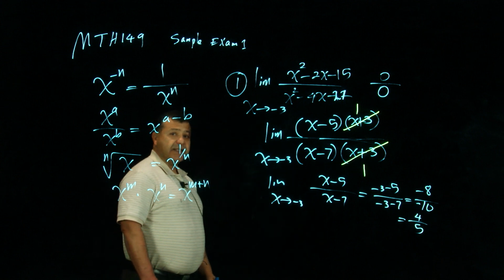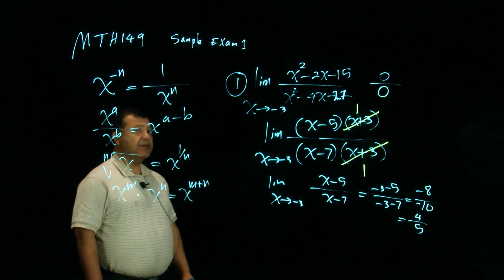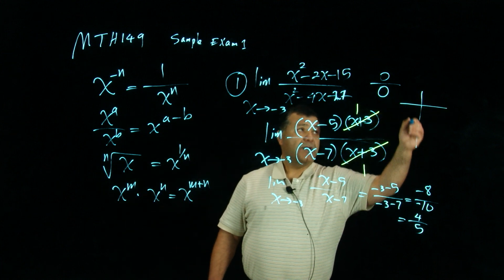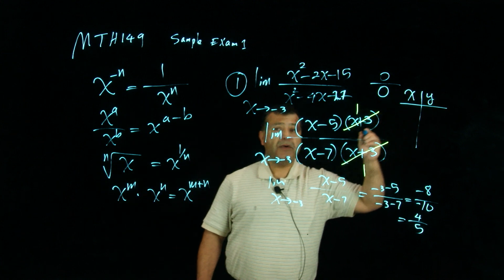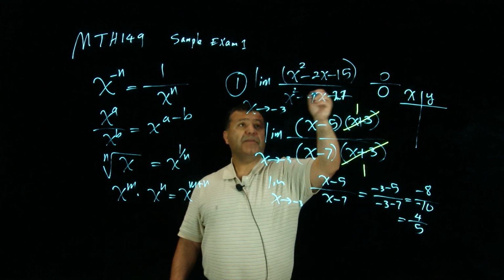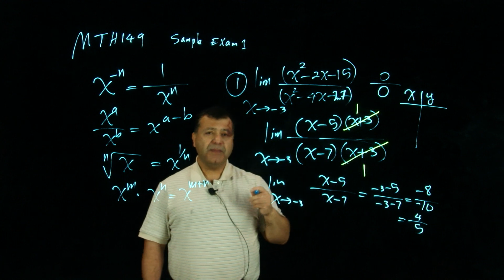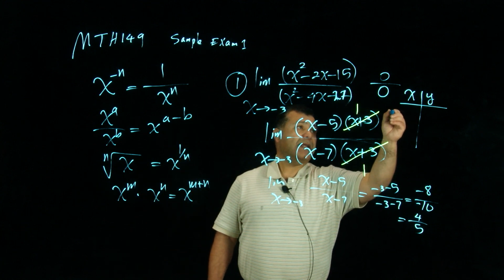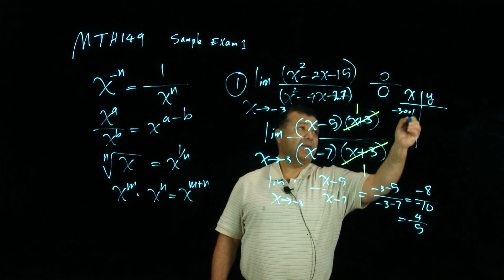Now, the second technique here is using the table. If you're using the table, basically, you put in your y equal to your original function, and make sure you put it in parentheses. And then, basically, we're going to do it at like negative 3.001.